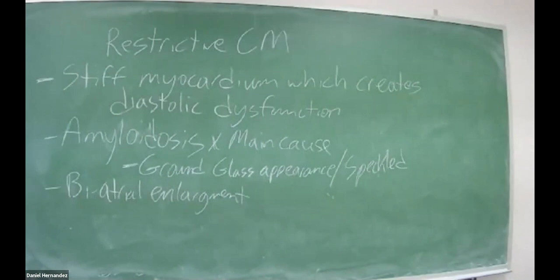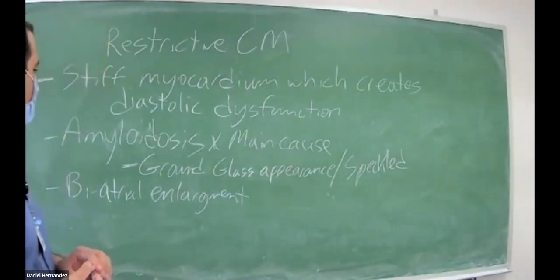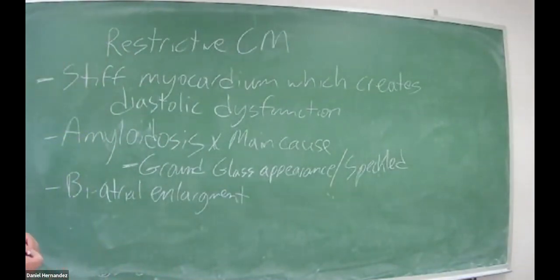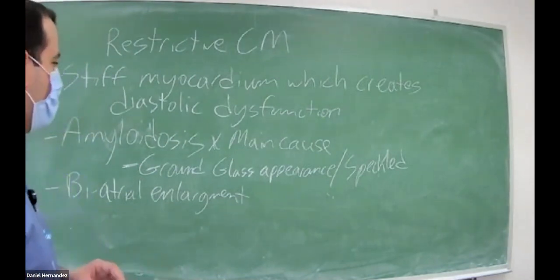We know that we have to differentiate between restrictive cardiomyopathy and constrictive pericarditis. In the names right there, constrictive pericarditis is where the pericardium is thickened, echogenic, non-compliant, stiff, whereas restrictive cardiomyopathy is where the myocardium is the issue. With constrictive pericarditis, we typically will not have biatrial enlargement; the atrium may be relatively normal in size.